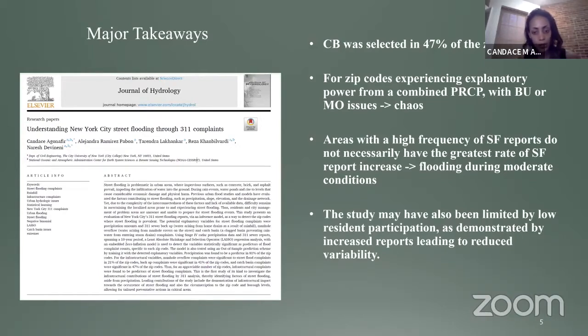The potential explanatory variables for street flooding complaints were precipitation amounts and 311 sewer backup, manhole overflow, and catch basin complaints. Using stage 4 radar precipitation data and 311 sewer reports spanning a 10-year period, a least absolute shrinkage and selection operator, which is known as LASSO, regression analysis with an embedded zero inflation model was used to detect the variables statistically significant as predictors of flood complaint counts specific to each zip code.